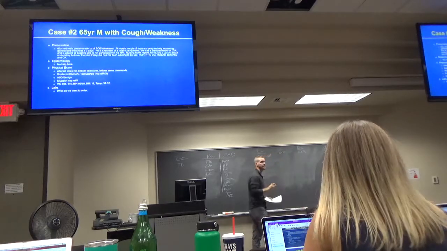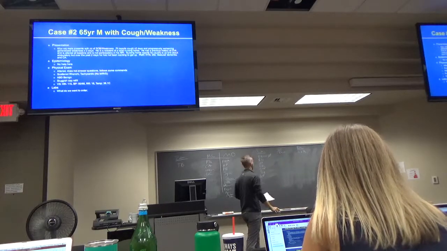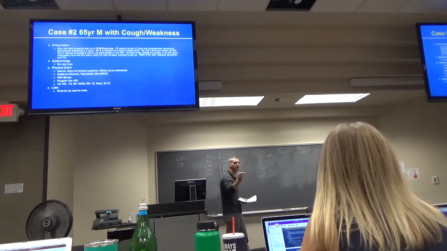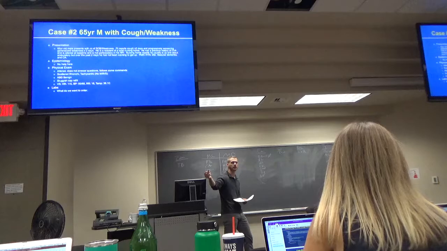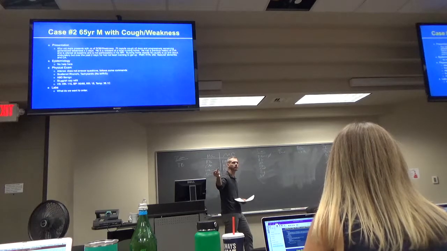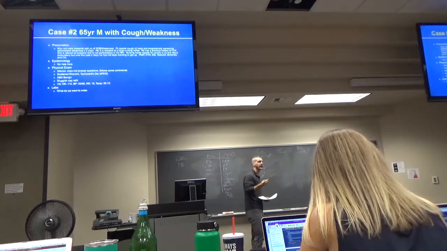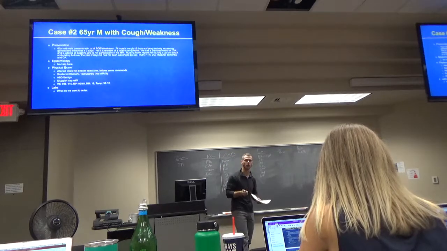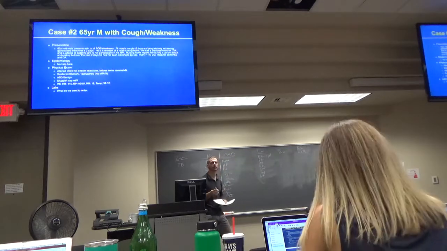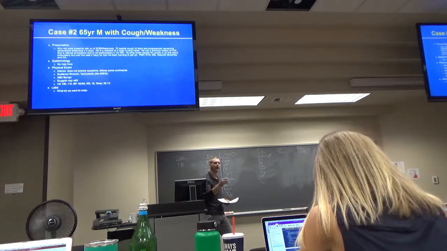I'm going to say the D-dimer is negative, so I don't have to go through that whole bit. But remind me to talk to you guys about age-adjusted D-dimer. Write that down, look it up. That's newer. When I say newer, it's like years old. Newer medicine that people don't practice a whole lot.